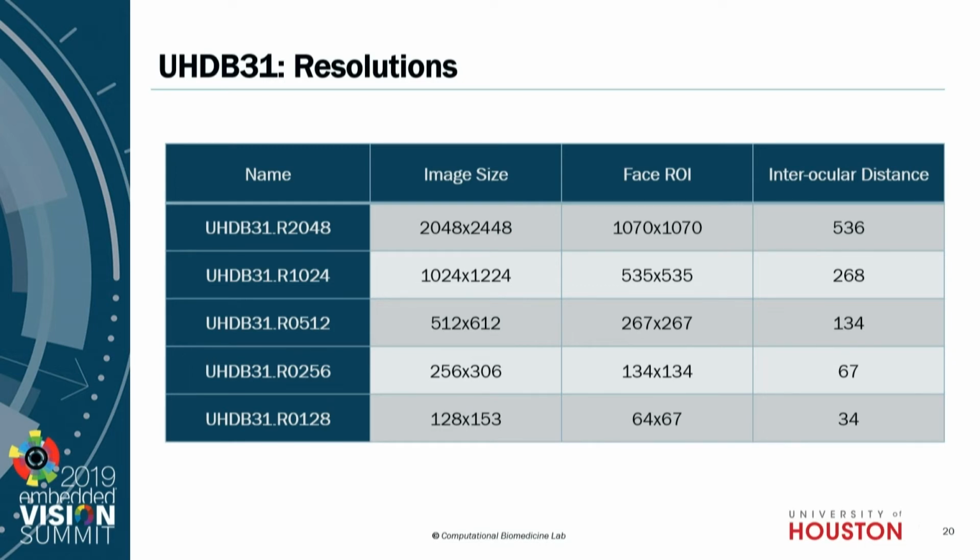What is the interocular distance on the faces that you want to detect and eventually recognize? This, of course, is very important, and the performance is different for different algorithms. So from a single data set, we're able to use multiple resolutions here, starting from interocular distance of 500 pixels to the more common interocular distance of 34 pixels.